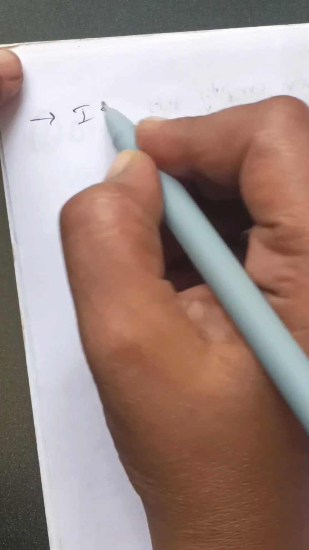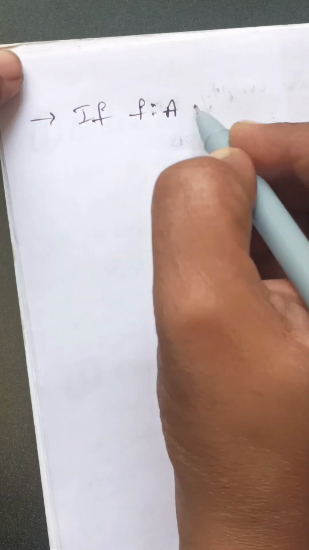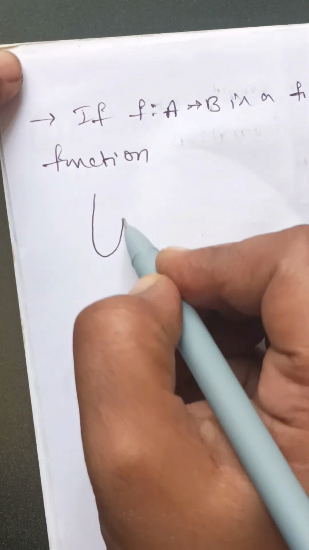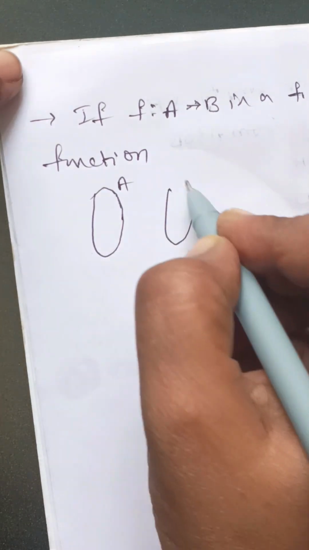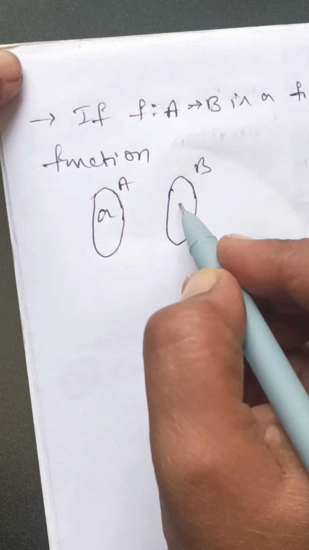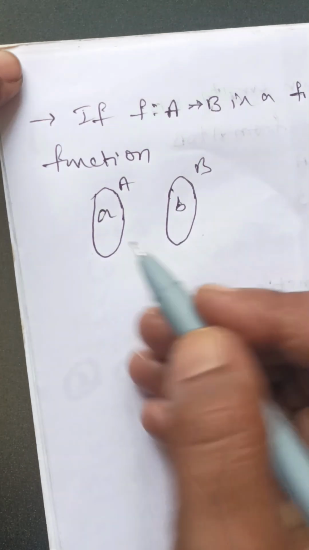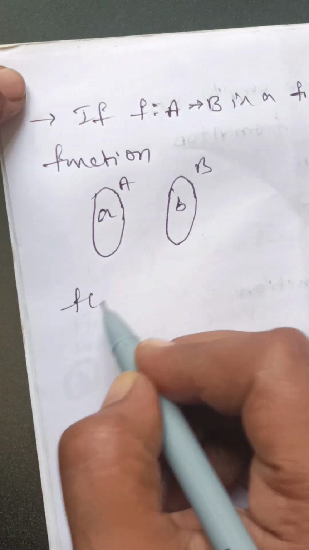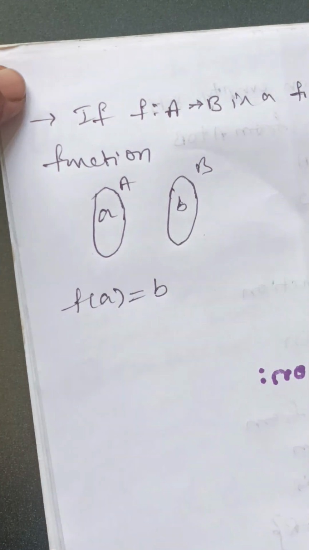Okay, if f maps A to B is a function, then take an element a and its image b. We can read it as f of a equal to b.